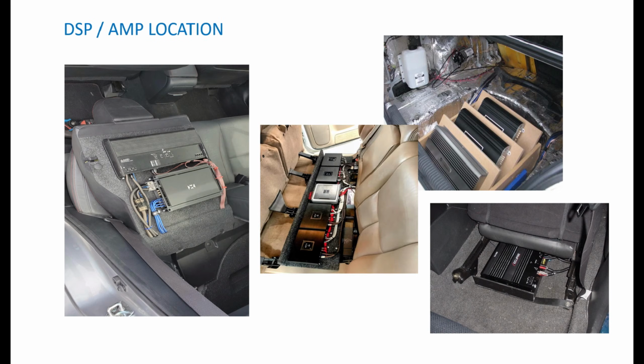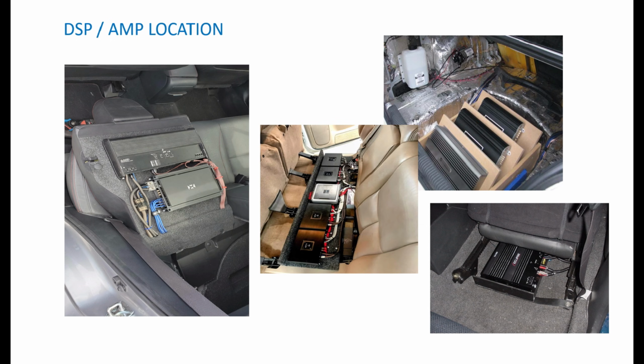The other thing that we're thinking about, so we've got speakers, subwoofers. The other thing is, where do we put all the amplifiers and the DSPs and all the electronics and fuses and things? And once again, there's lots of different spaces to put them. People would put them in the trunk, either under the trunk cover, or on the sides, or wherever.